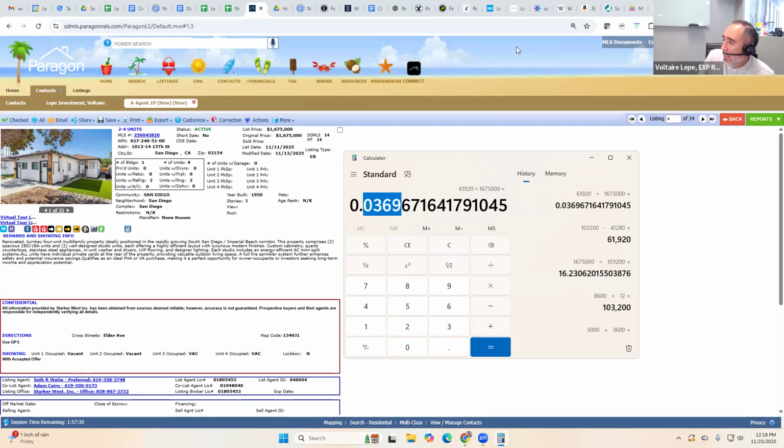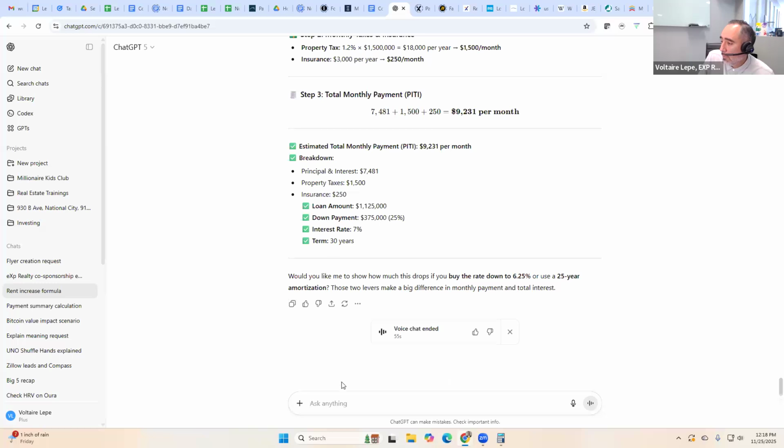Now, the last thing I'm gonna do is something that you guys could do. I'm gonna ask ChatGPT, if I buy a fourplex that costs 1,675,000, because I'm gonna compare it to the other one, Memo.